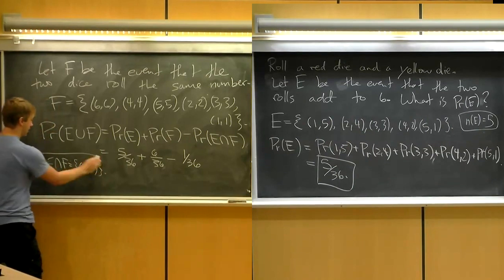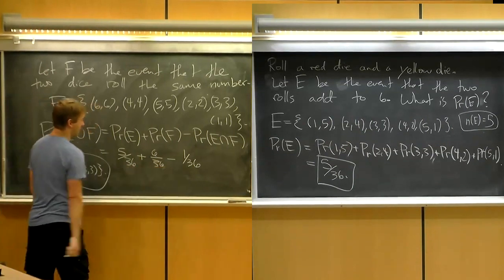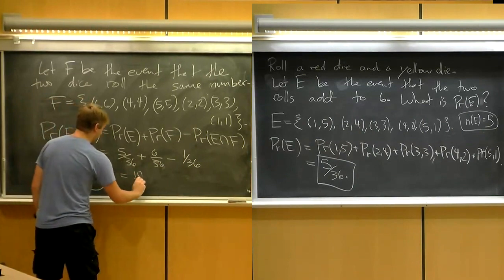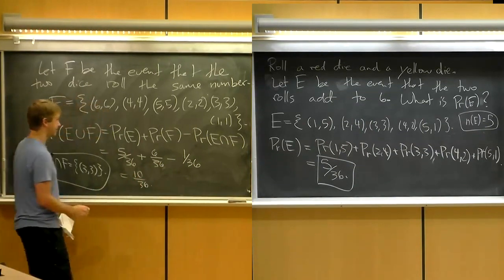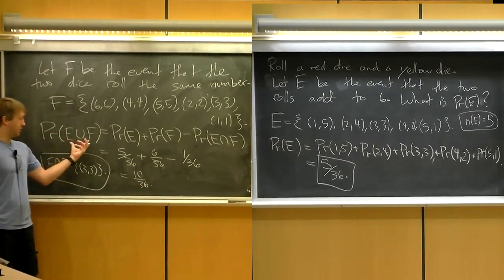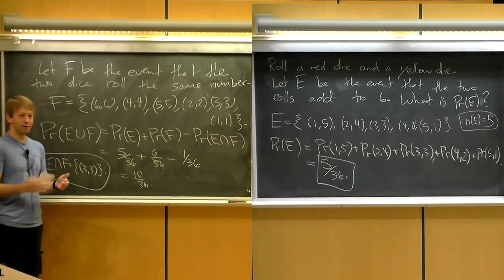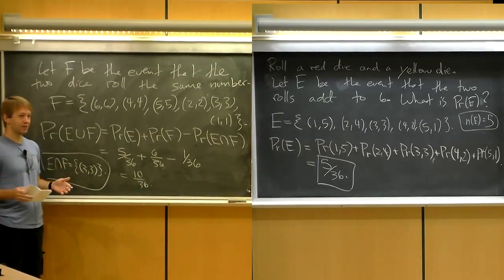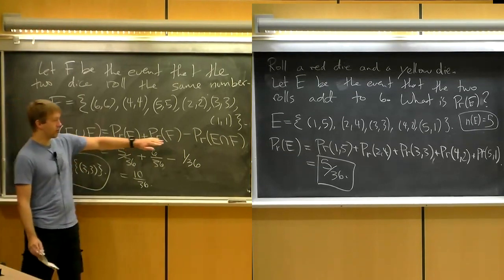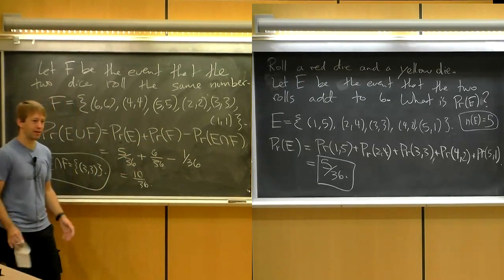There's only one outcome over 36. And so this should be 10 over 36. To be honest, if you list all the elements of E union F, you're going to see that there's 10 of them. But using this formula is a faster way to compute this than to try to list everything.